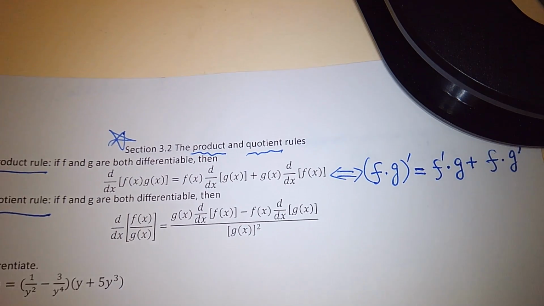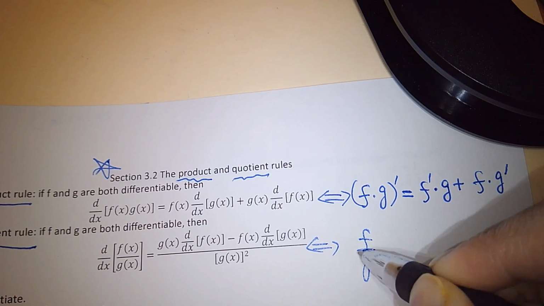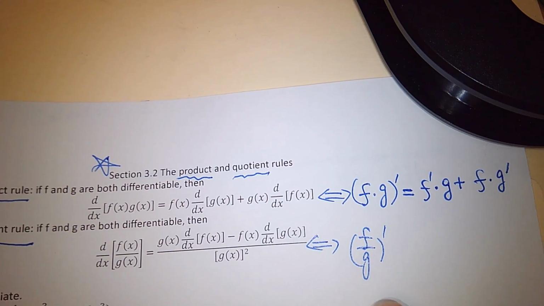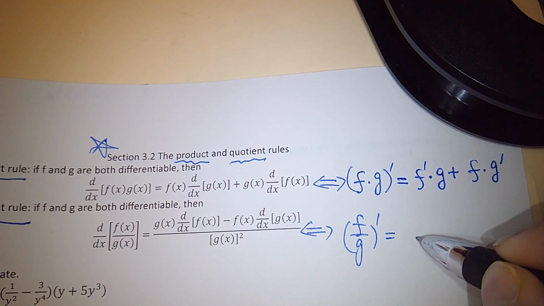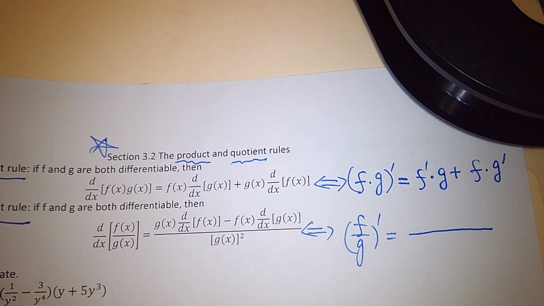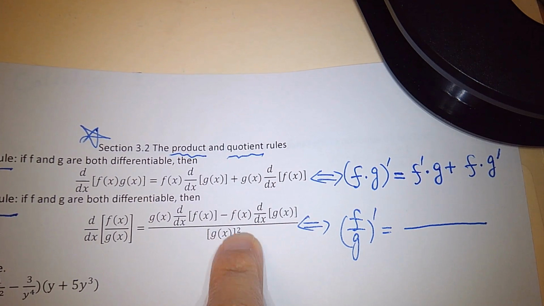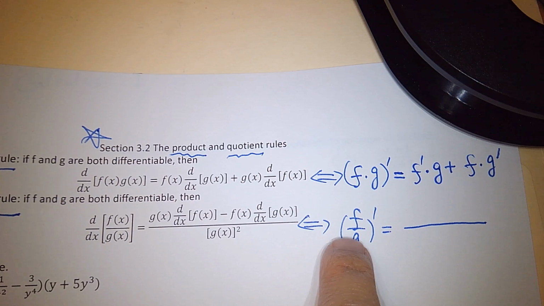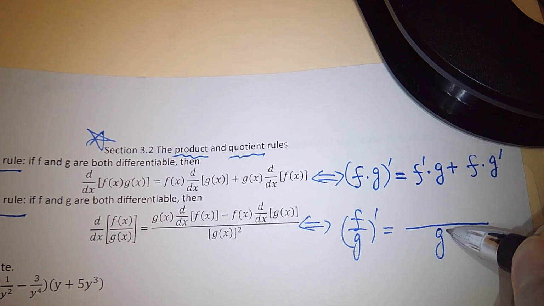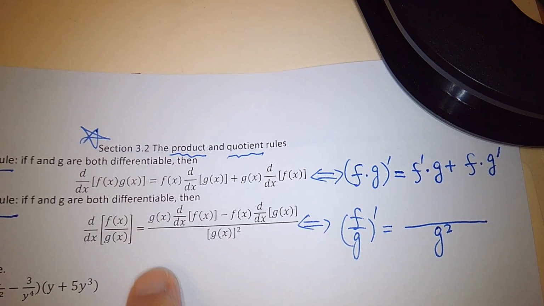The quotient rule is telling us, if we have a quotient of two functions, on the bottom we're going to have the denominator function g squared. On the top, what do we have?